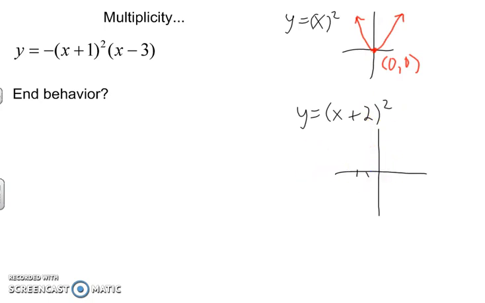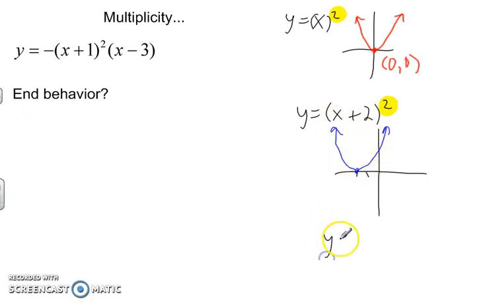So the 0 would now be over here at -2, 0, and the graph would look something like this roughly. So interesting thing is when this exponent is even, when we have an even number of factors, so like 2 of the same factor, 4 of the same factor, whatever it is, the graph is always going to bounce off the axis, right?